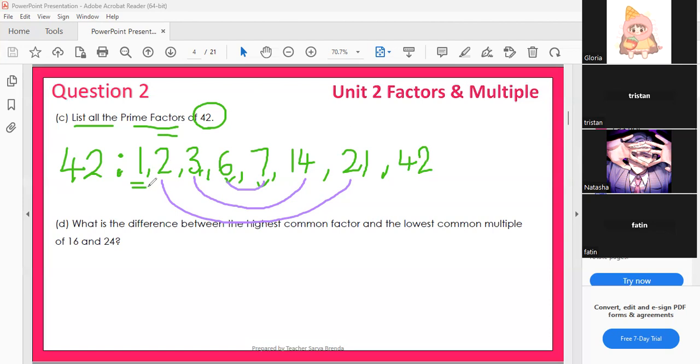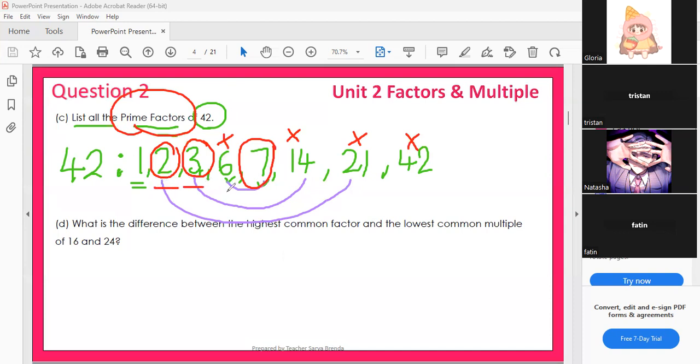Now, among these numbers, which are prime numbers? To be more precise, among these factors, which are prime factors? 2, 3, 6 is not a prime, 6 is a composite. 7 is a prime, 14 is not a prime, 21 is not a prime, 42 is not a prime. 1 is not a prime, neither a composite.